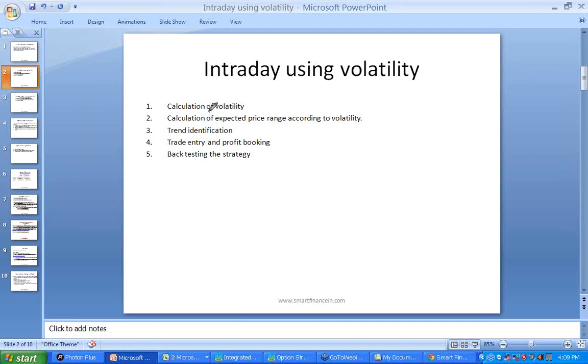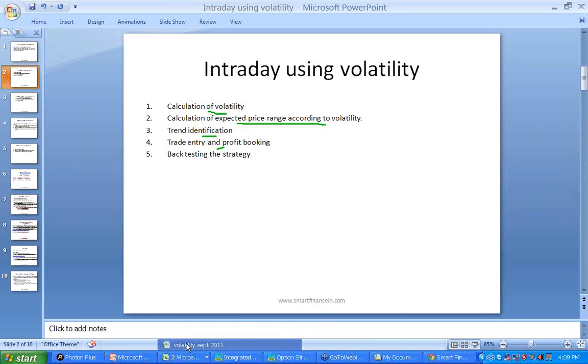First we will calculate the volatility, then the expected price range as per volatility, then we will identify the trend, trade entry and profit booking. These are the steps we are going to follow.